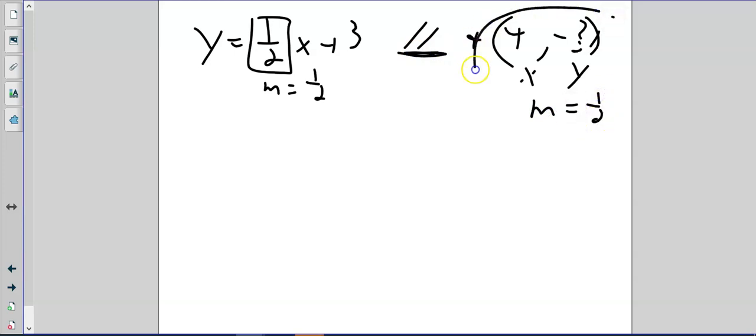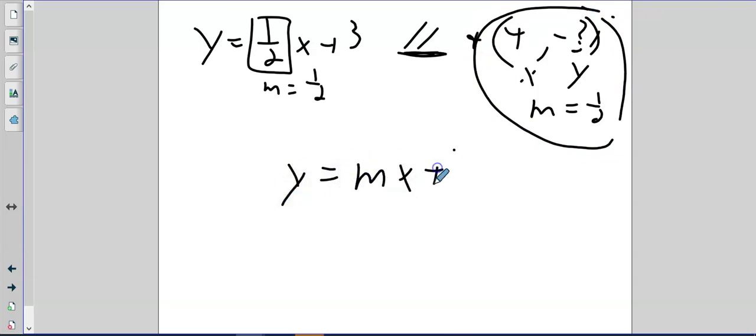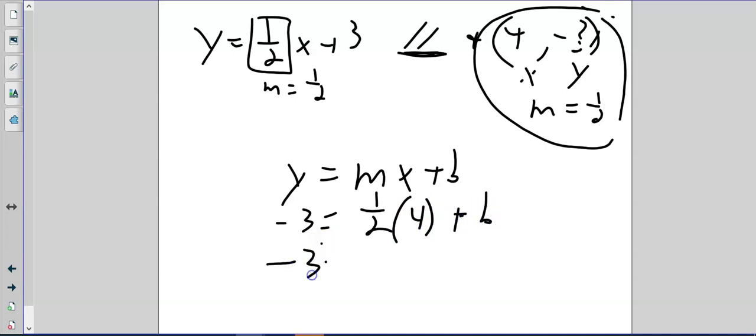At this point, we just take these 3 pieces of information, we write our equation, which is on the test, and we just fill in what we got. Y is -3. M is 1/2. X is 4, plus b. -3 equals half of 4, which is 2, plus b.